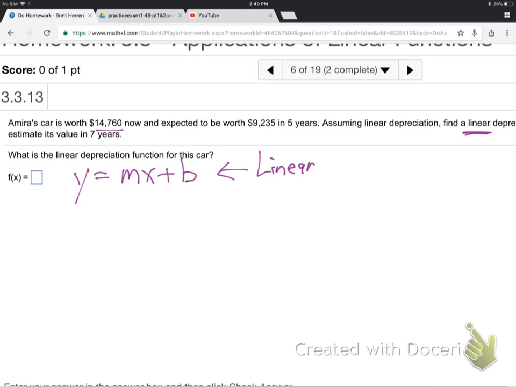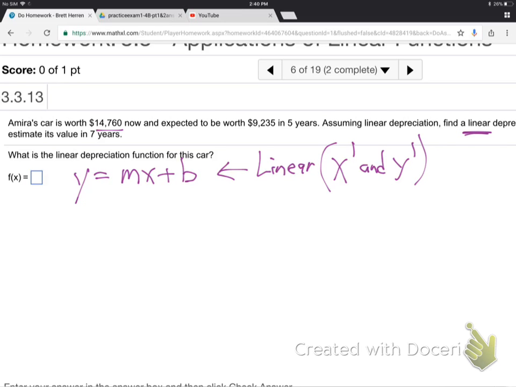We'll also get to functions that you've probably seen in algebra, like U-shapes, and exponential, and logarithmic, some other kinds of functions too. But this is a linear function, which means the graph would be a straight line if I was to bother to graph it. And linear also means x first power and y first power. That's how you can tell if an equation is linear.